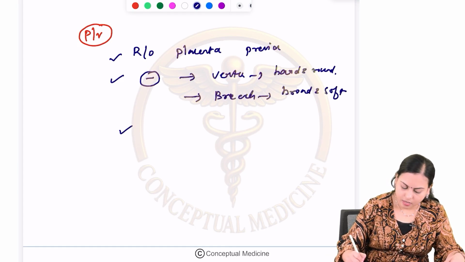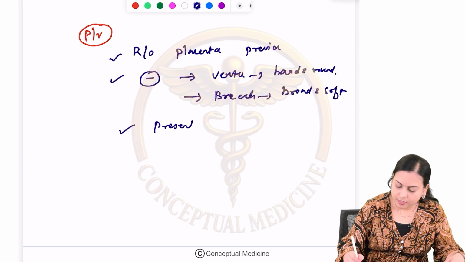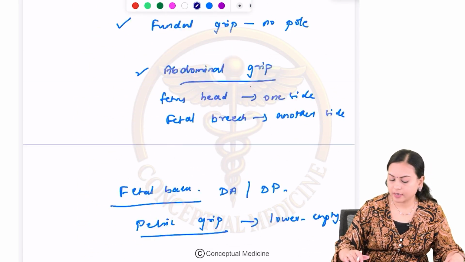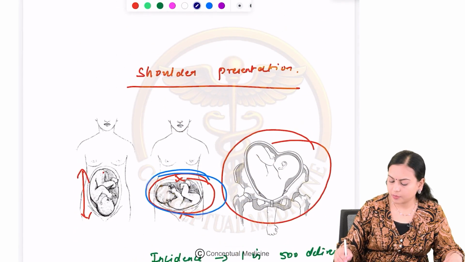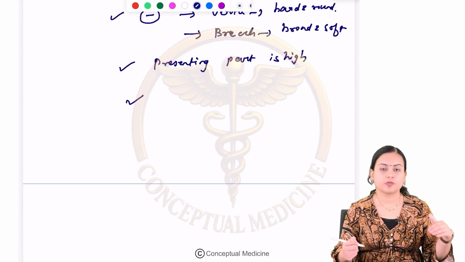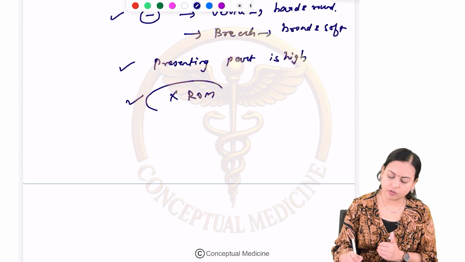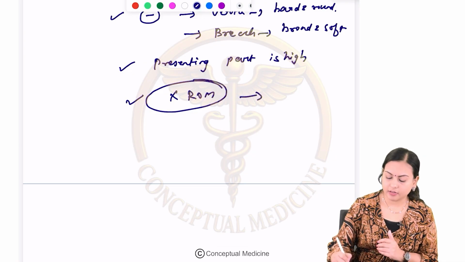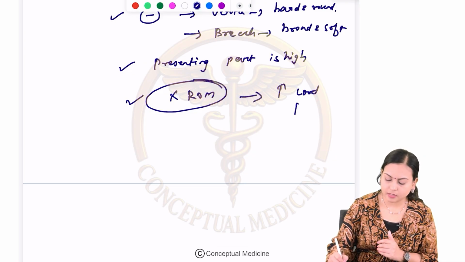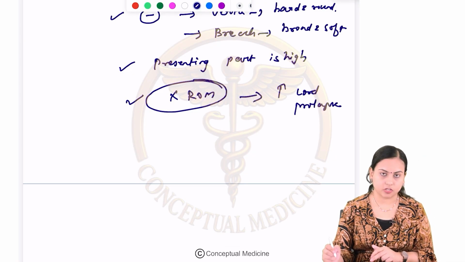Usually the presenting part is high, and as we have seen in this diagram, the breech is going to be at a higher position when compared to the shoulder. Vaginal examination should be done very carefully so that there is no rupturing of membranes, because there is a high risk of cord prolapse with shoulder presentation.